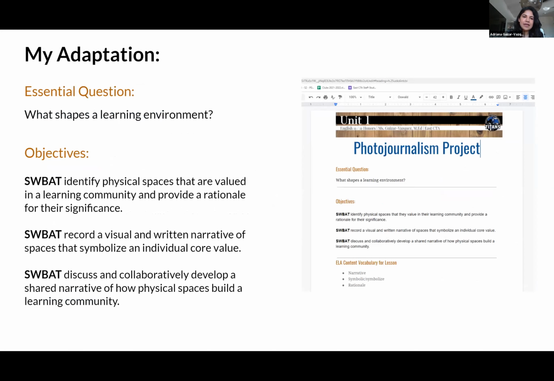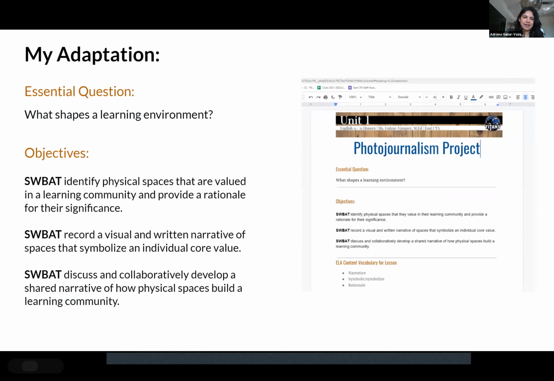But as part of the objectives, I just set out, again, identifying physical spaces, providing a rationale. So again, being able to support their points, recording a visual and written narrative of spaces that symbolize the core value, and again, being able to discuss collaboratively and develop a shared narrative of those spaces.